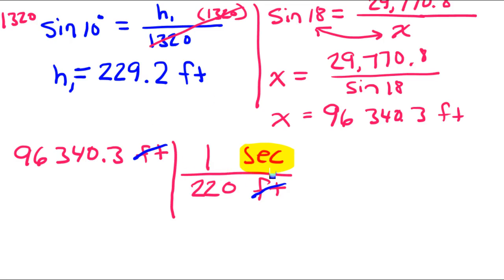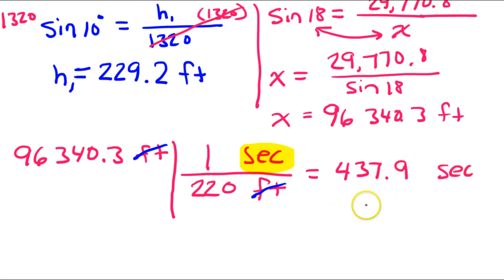So let's go ahead and do the math. The 1 doesn't matter, so all we really have is 96,340.3 divided by 220. What I got was 437.9 seconds.